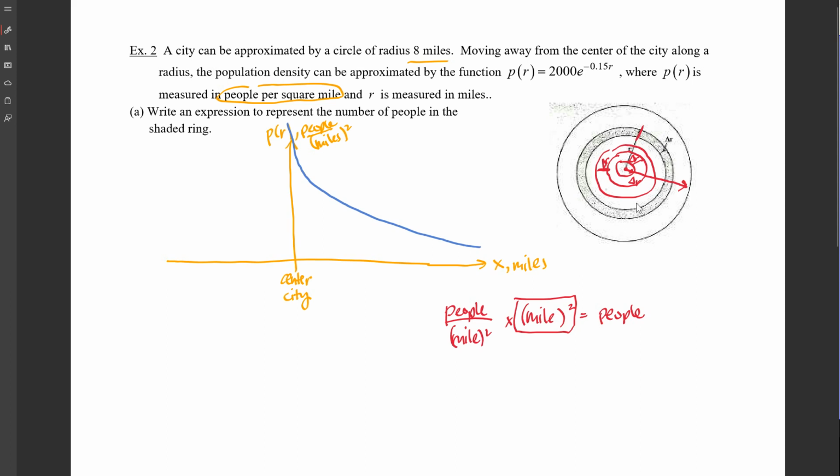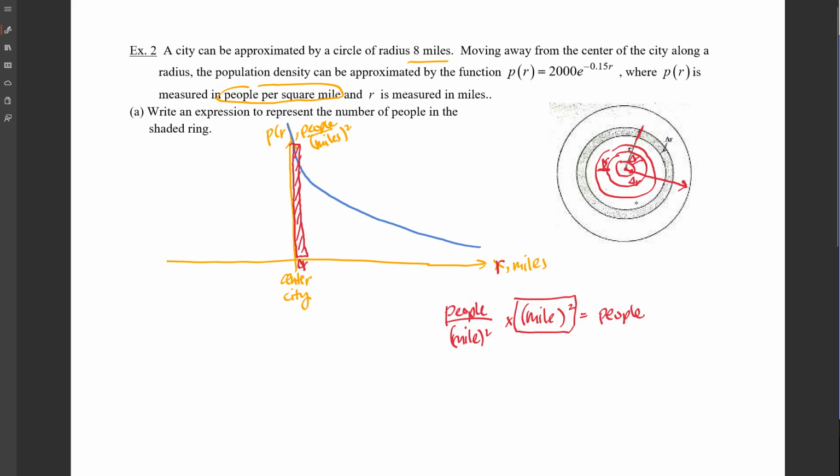If I cut this delta r here, it would just be a skinny string. And what would be the area of this string? The area would be delta r going this way, so I guess this is really r, delta r going this way.